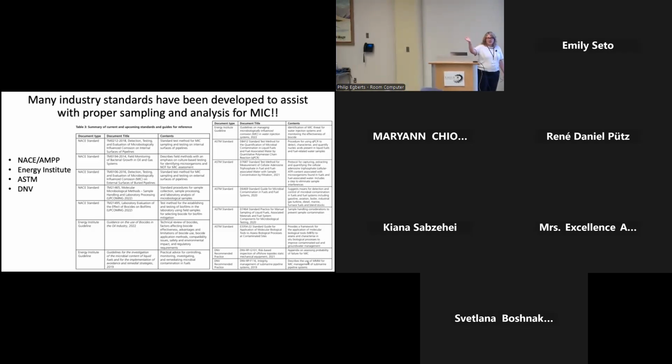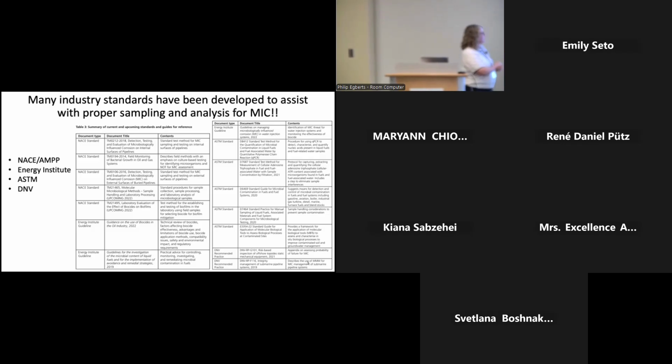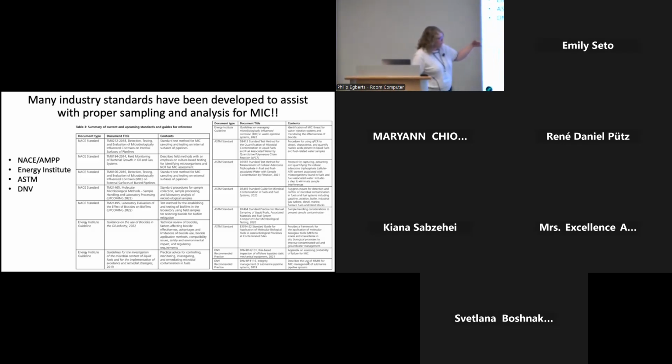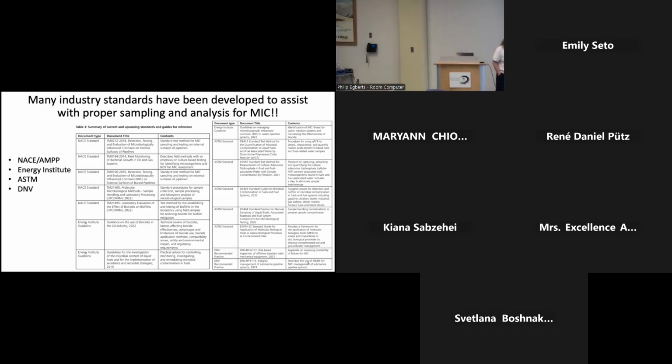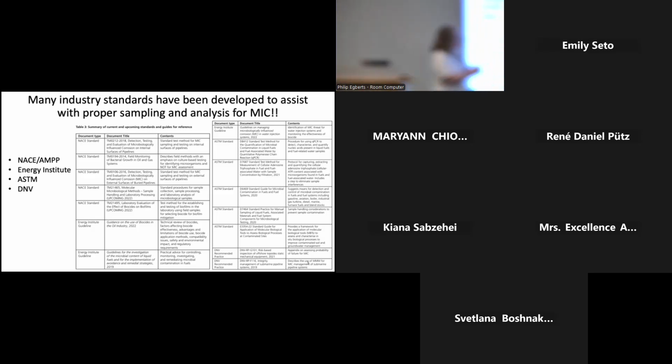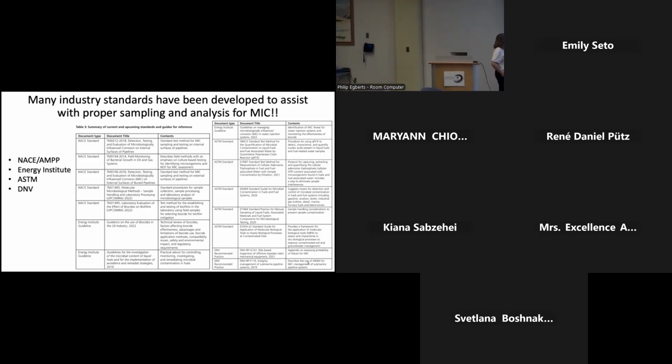Torben did share a standard with you in his talk earlier by DNV, recommended practices for sampling for offshore platforms. But many different industry organizations have put out standards for assessing and sampling properly for microbiologically influenced corrosion. So very exciting right now.